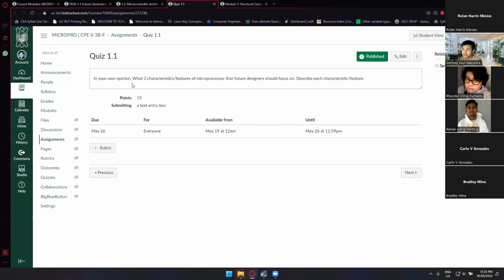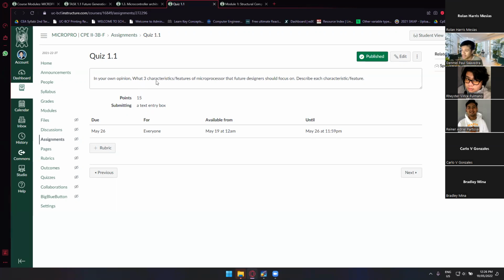So there is no incorrect answer. So the instructor doesn't have the right to say that this one is incorrect. Okay, the only time that it will be incorrect is if you're not answering the question properly. So as long as you were able to answer the question, and your answer is quite convincing, then you will already get a perfect score.